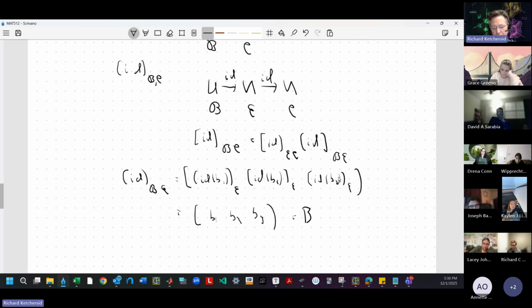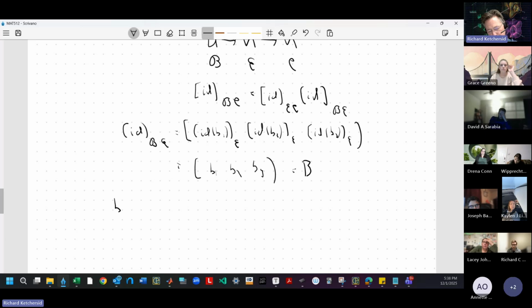Okay, so again, let's just make sure we understand. The first vector here, B1, is the vector 1, 2, 3. That was the basis I gave you, so that's the first vector in that basis. Now this is a vector too, but it's also the representation of B1. This is a weird situation where B1 just happens to be equal exactly to its own representation.